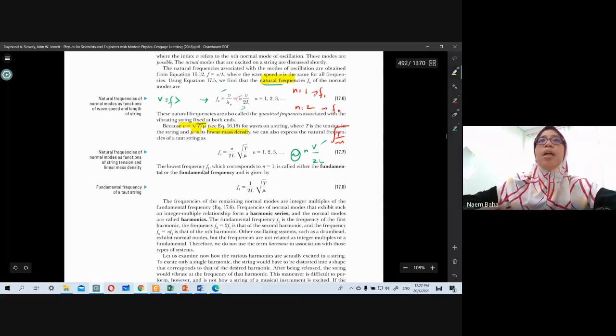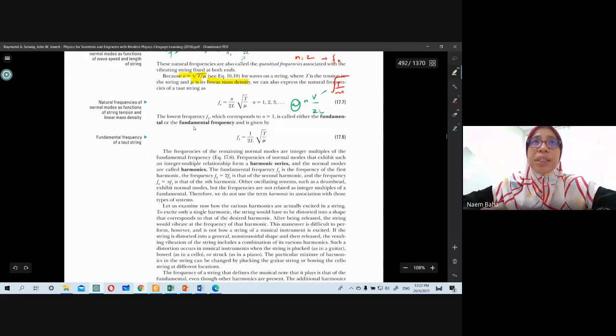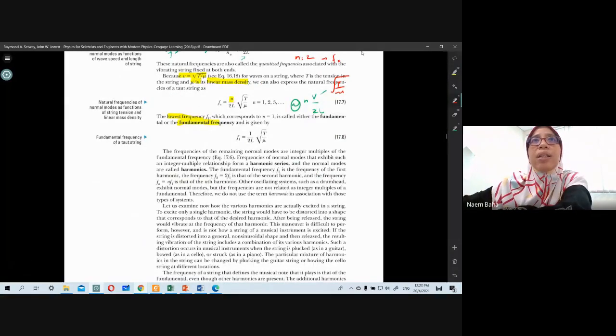And therefore, the fundamental frequency. Fundamental is the lowest frequency, which would be number 1. Just substitute n equals 1 into this expression: 1 over 2L times the square root of tension over mu. Understand? Now, from this expression you will find that you can factorize it. When n is 2, F2 is actually 2 times F1.